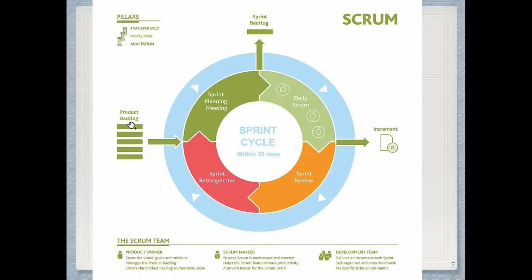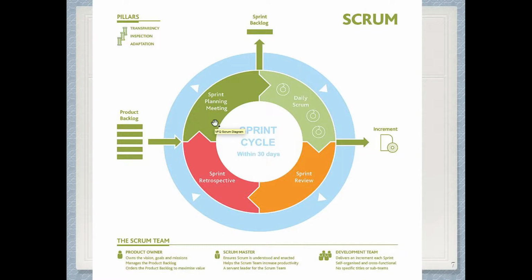So we start with a product backlog, and then at the beginning we have a sprint planning meeting. And actually, in the bottom, in the small words, we also show the 3 different roles we will talk about next: product owner, Scrum Master, and development team. But let's go back to the meeting first.